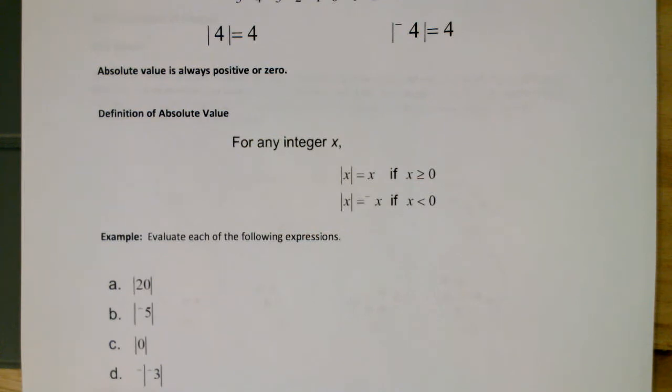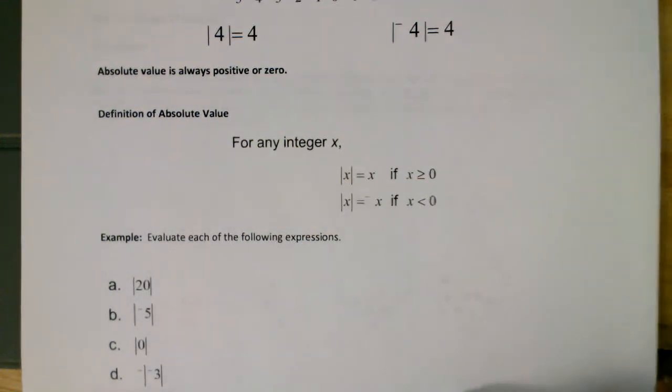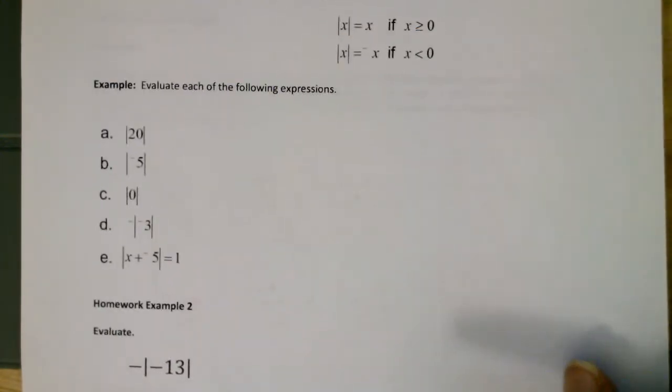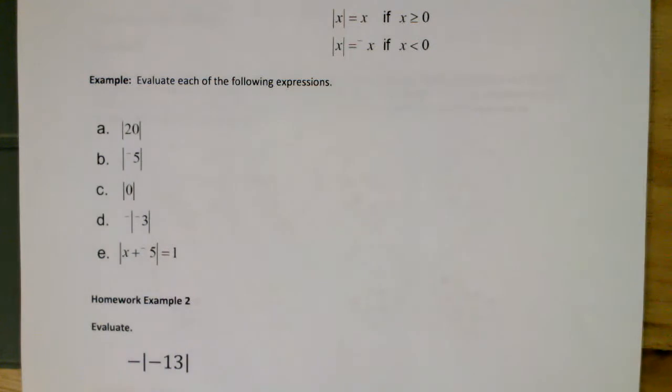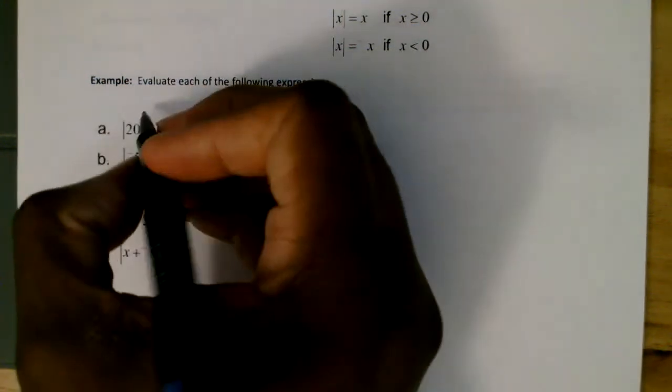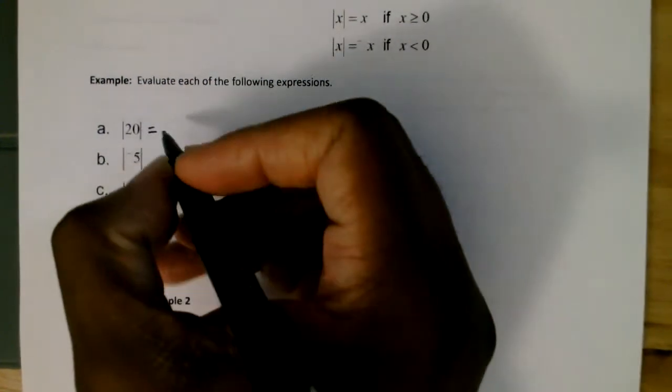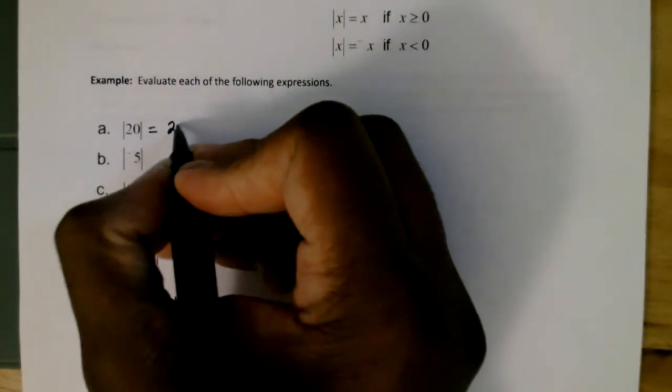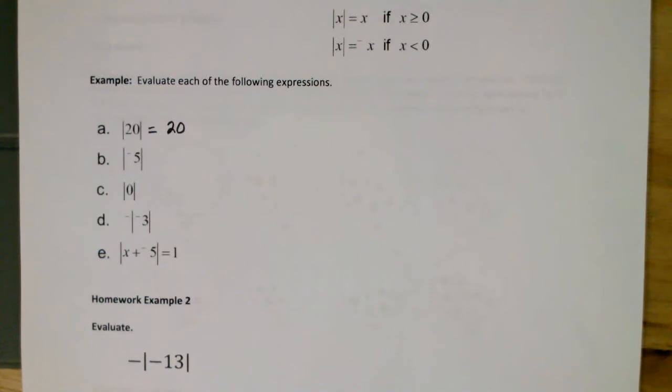Okay, so let's look at some examples here. Like the absolute value of 20. Well, 20 is 20 units from 0, so that means the absolute value of 20 is 20.